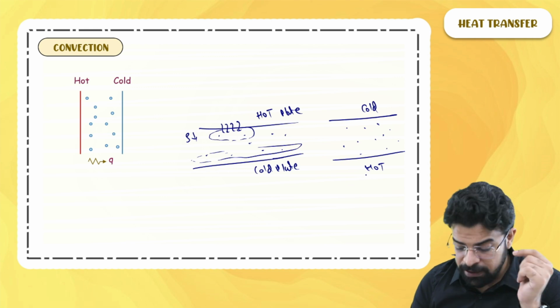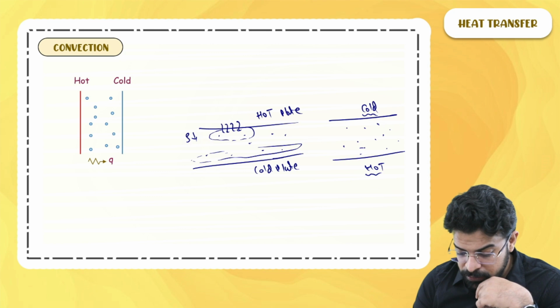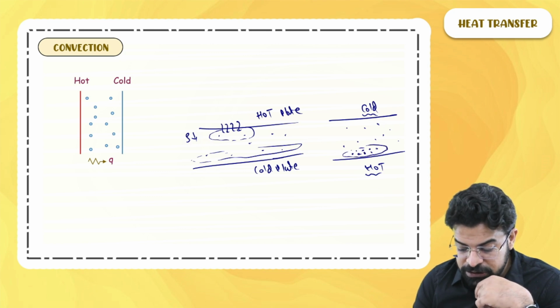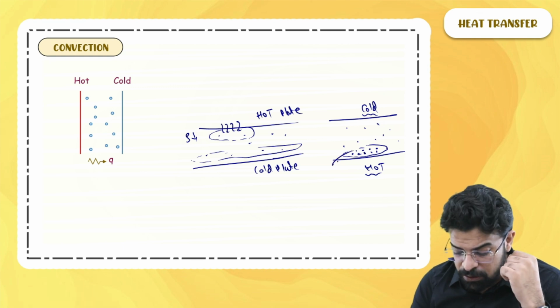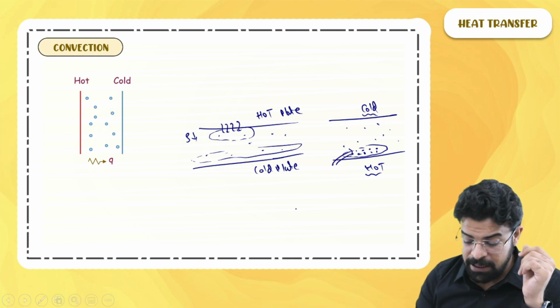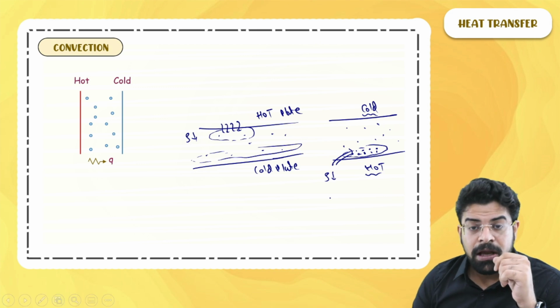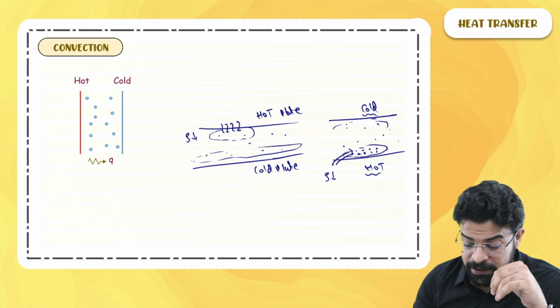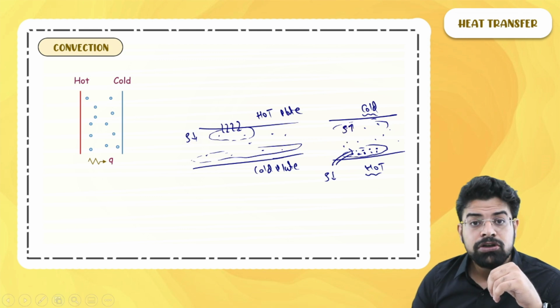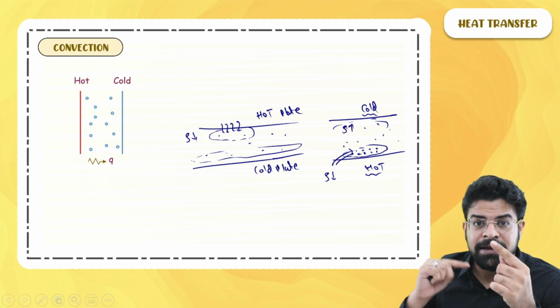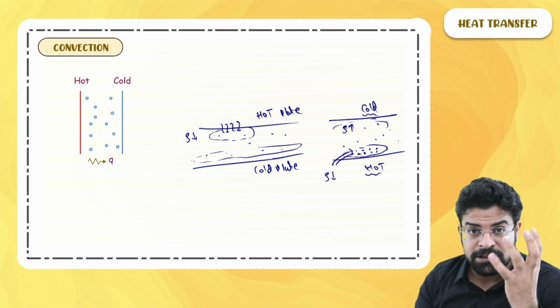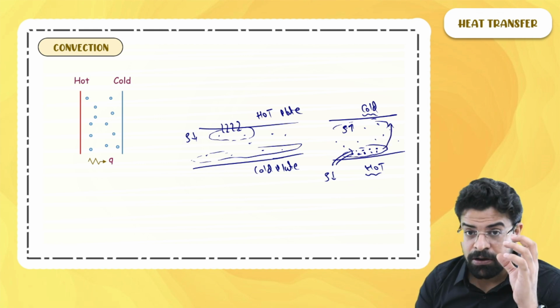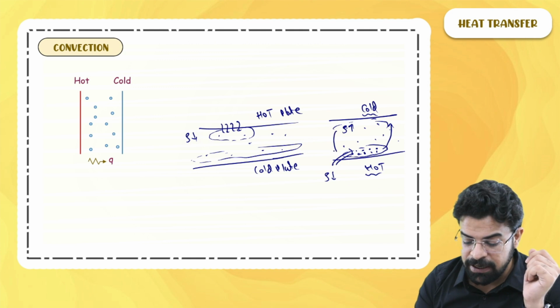To the contrary, if you place the hot plate below the cold plate, then the molecules of air near the hot plate will get energy from the hot plate. These molecules of air will expand and hence the density decreases. And the air near the cold plate would have got cooled and its density would have increased. So because of this difference in density, the lighter, hotter gas will try to move up while the colder, denser gas will try to move down.